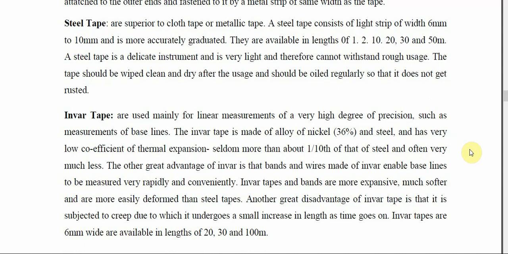Its expansion and contraction is about 1/10 of that of steel, or even less than that. The other great advantage of Invar is that bands and wires made of Invar enable baselines to be measured very rapidly and conveniently.